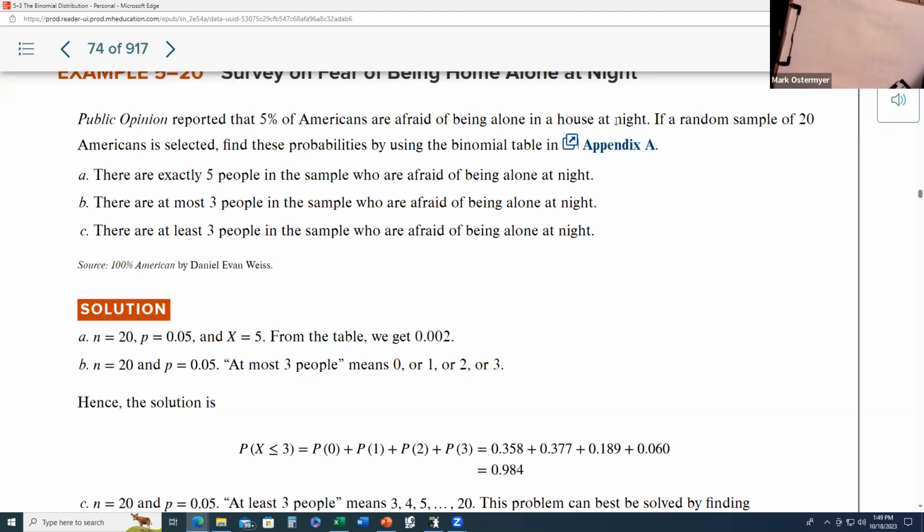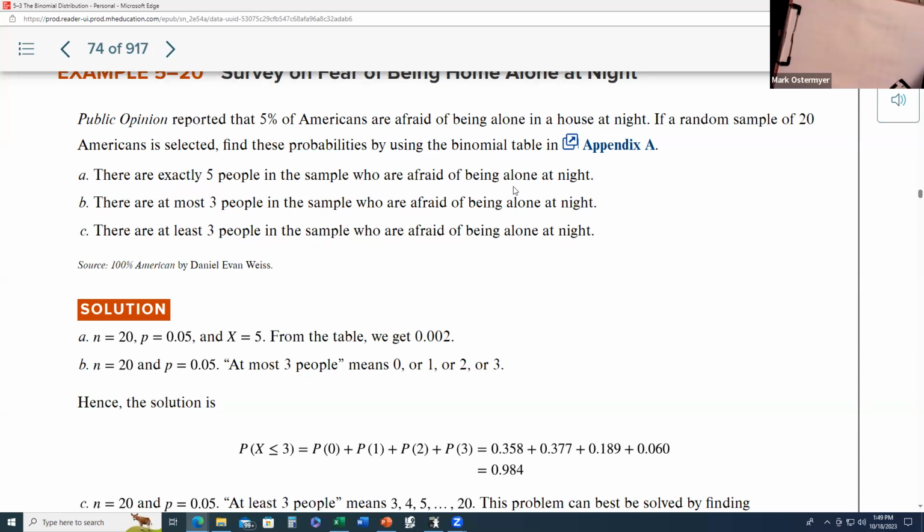All right, anyways, if a random sample of 20 Americans is selected, find these probabilities by using the binomial table, or we're going to use our what? Calculator. We're not going to use the table. What's the probability that of the 20 randomly selected Americans, exactly 5 are afraid of being alone at night?